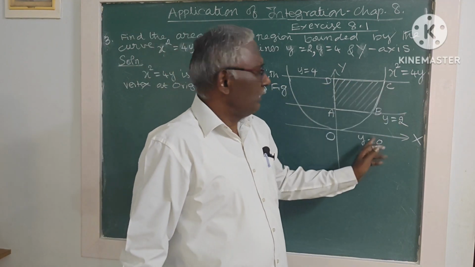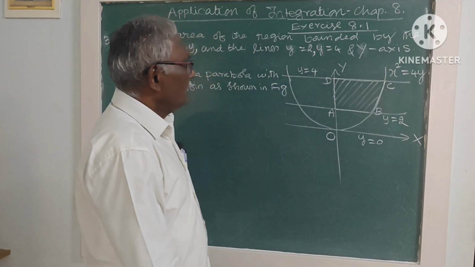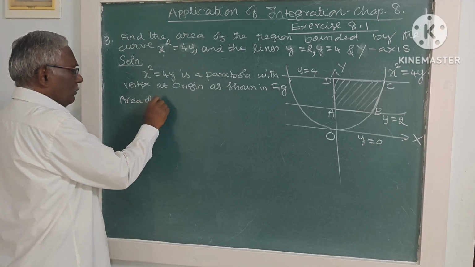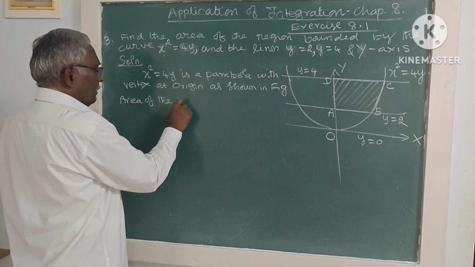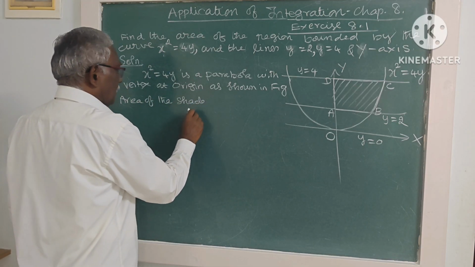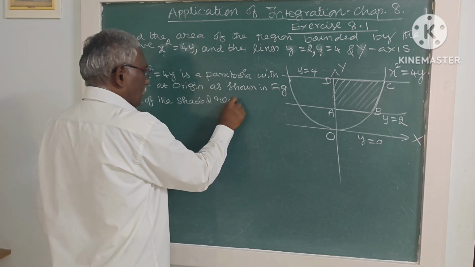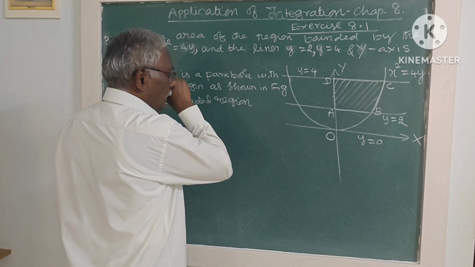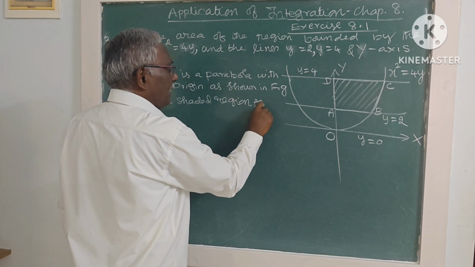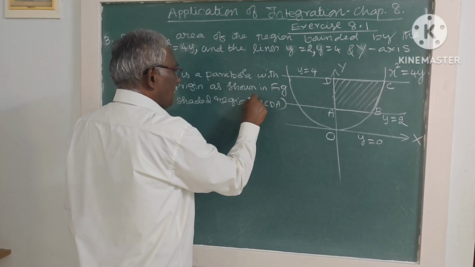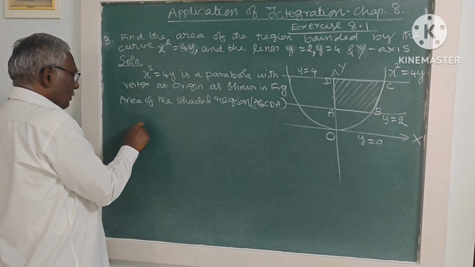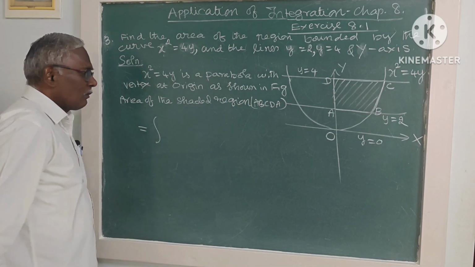To find the area of the shadowed region, area of the region A, B, C, D, A is equal to integral.